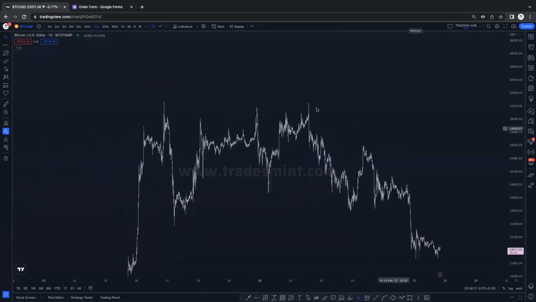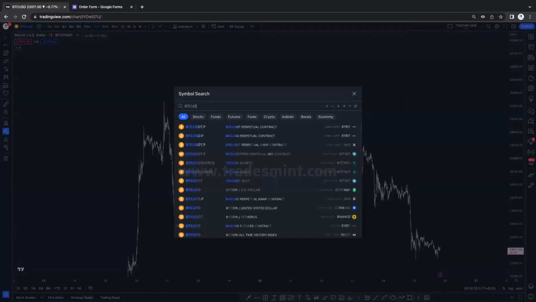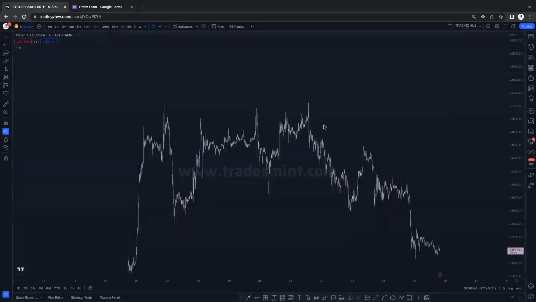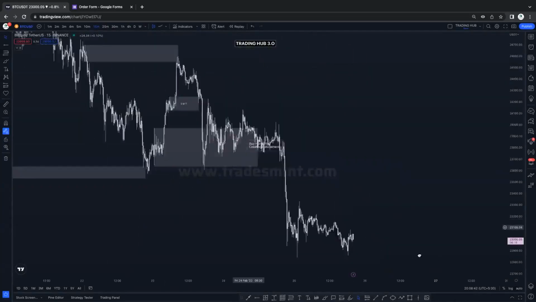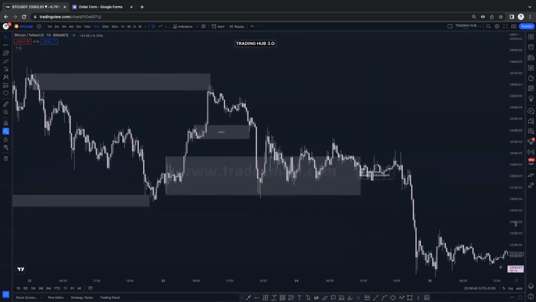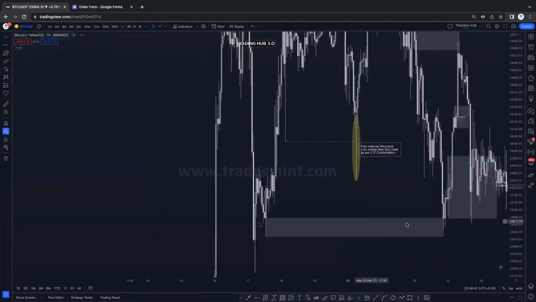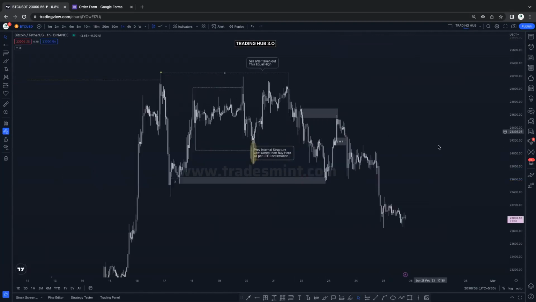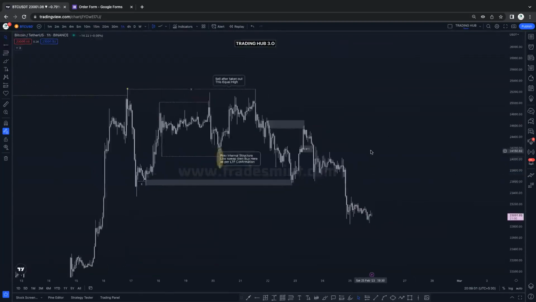No, these are also equal highs on every broker. So USDT. So right now, momentum is also short term bearish in Bitcoin.